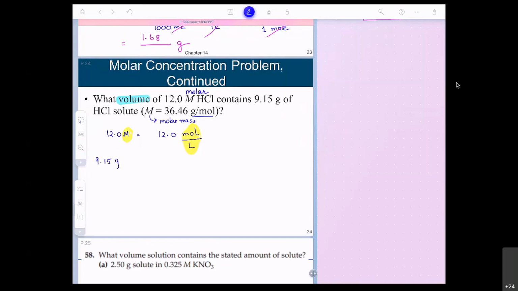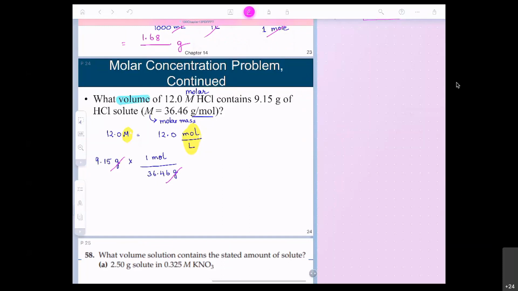The reason I like to start with that is I want to get the molarity on the bottom. In that way, I'll get the moles on the bottom, the liter will go on the top. Now I want to cancel this. So I'm going to have, if you don't copy anything yet here, moles here and 36.46 grams here. As you set it up, you can see the moles is on the top.